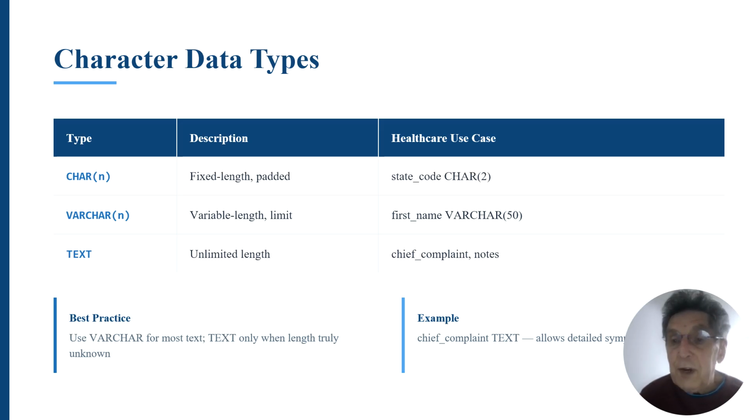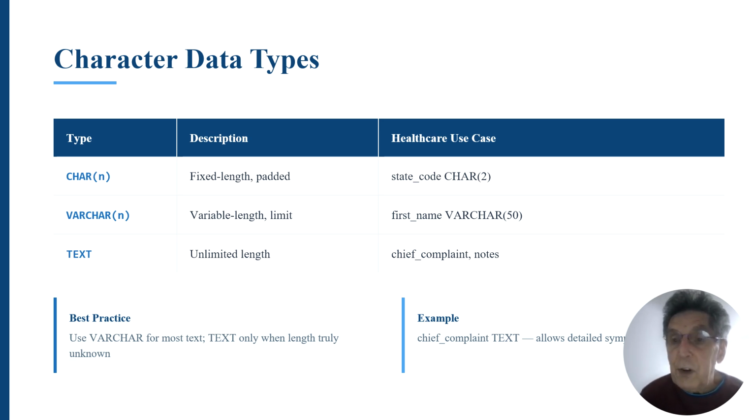Like first name, varchar 50 stores Joe efficiently without padding. Text is unlimited length, used for chief complaint, clinical notes, or discharge summaries. There's no performance penalty versus varchar in Postgres.